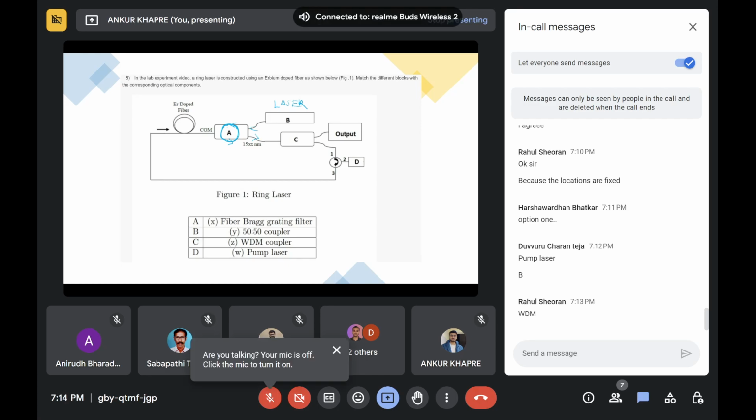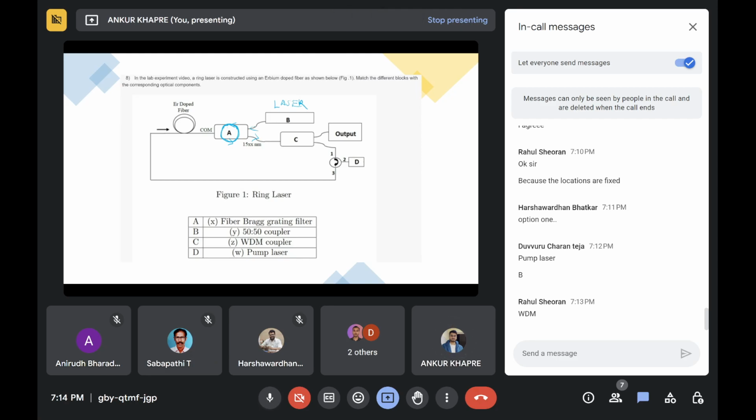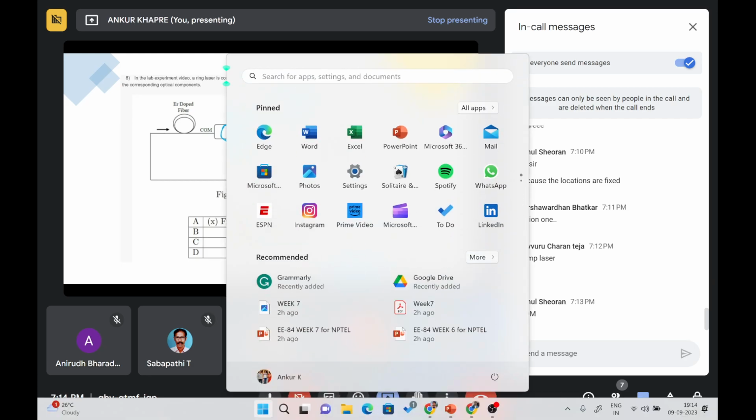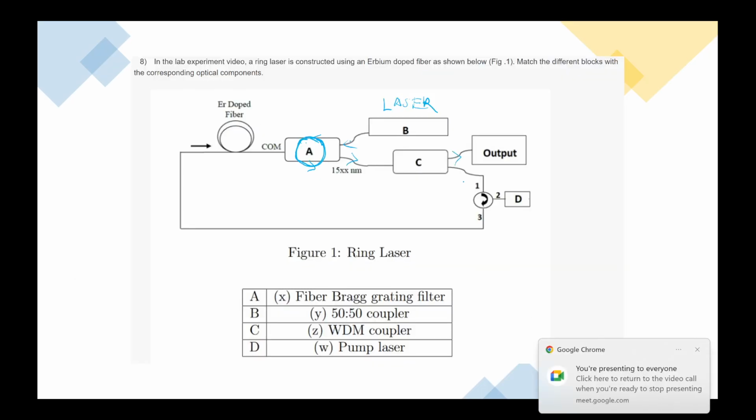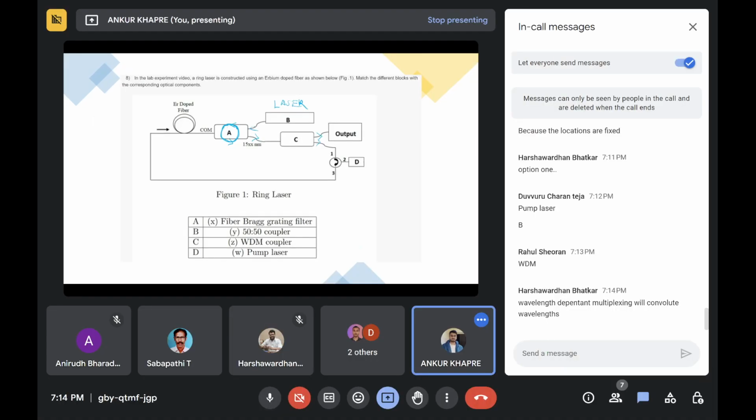Now, C, what do you think about C? It's a coupler, I think. Which coupler? 50-50 coupler. Yes, 50-50 coupler, because 50% of the output is going this side like this. Okay. Then D.